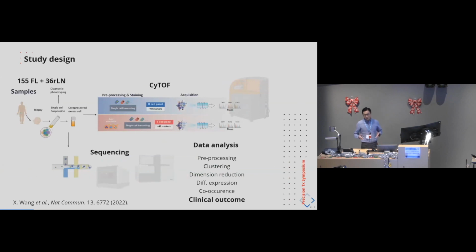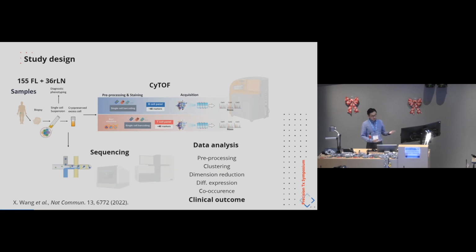In this study, we assembled a pretty large cohort, which included 155 follicular lymphoma patients plus 36 reactive lymph nodes, which are treated as normal controls. All these follicular lymphoma samples were collected at diagnosis without any treatment, to rule out confounding factors.